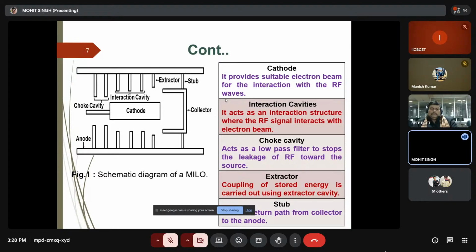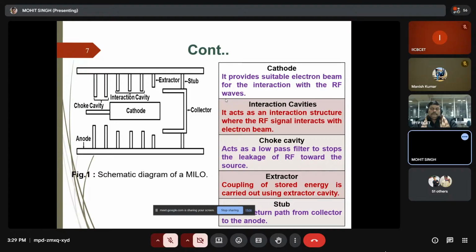If you are not aware, you must note this point: the phase velocity of an EM wave in a cylindrical waveguide is greater than the speed of light. I am discussing the cylindrical waveguide because this complete MILO is a cylindrical structure.